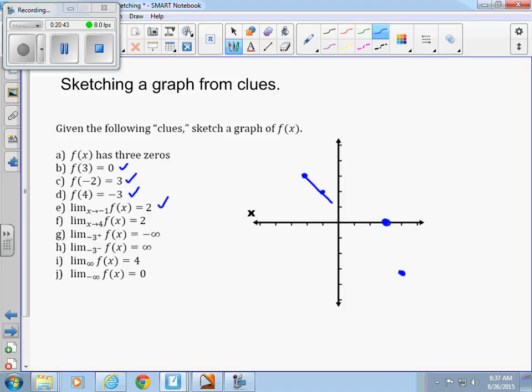The limit as x approaches 4 is 2. Glancing down, does it say anything else about 4? So again, the easiest way to draw a limit, if I don't have any other constraints, is to just make the graph go through that point. So as x approaches 4, I get 2. Uh-oh. Why is there a little bit of a problem?